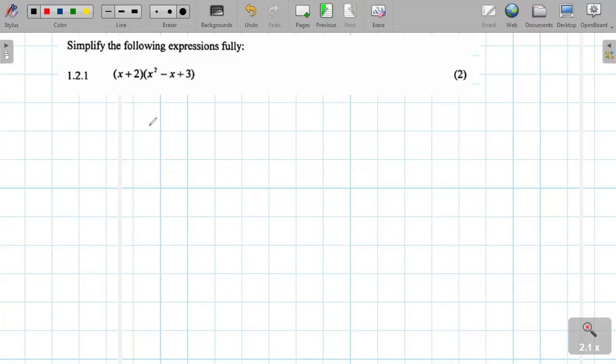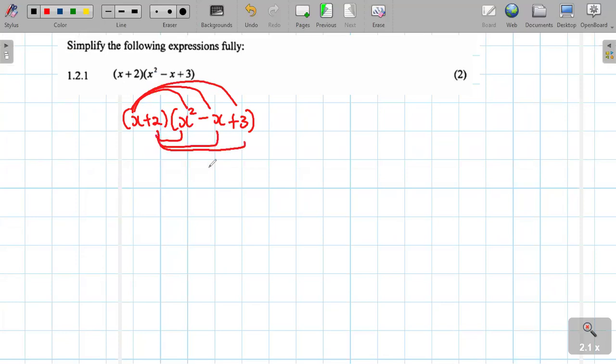I have (x plus 2) times (x squared minus x plus 3). This multiplied by this, multiplied by this, each term. X times x squared, I'm going to have x cubed.